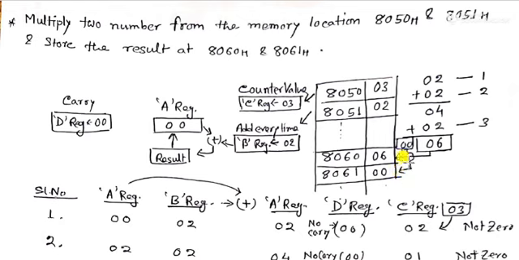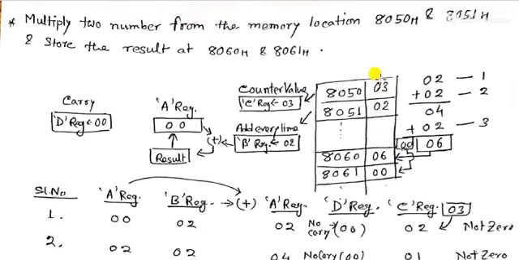This is the basic operation of multiplication by addition. Now, how do we write this program in 8085 programming? From the previous description, it is clear there is a counter value and an addition value. The counter value means how many times the number will be added.